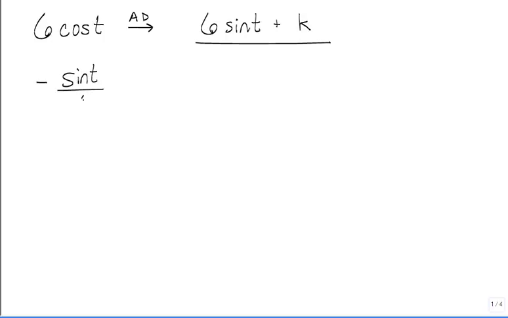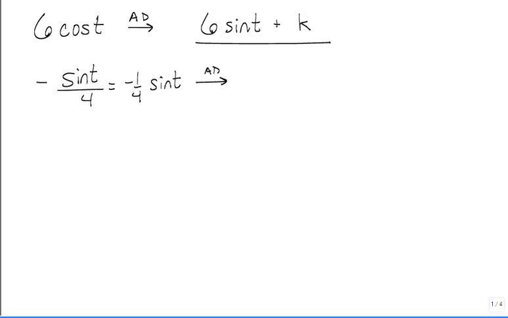What about 6 cosine t? The antiderivative, you leave the 6 out in front. The antiderivative of cosine is sine, and then add that constant on. Okay, so that's the antiderivative. I'll just say AD. Minus sine t over 4, well, that's the same as minus 1/4 sine t.